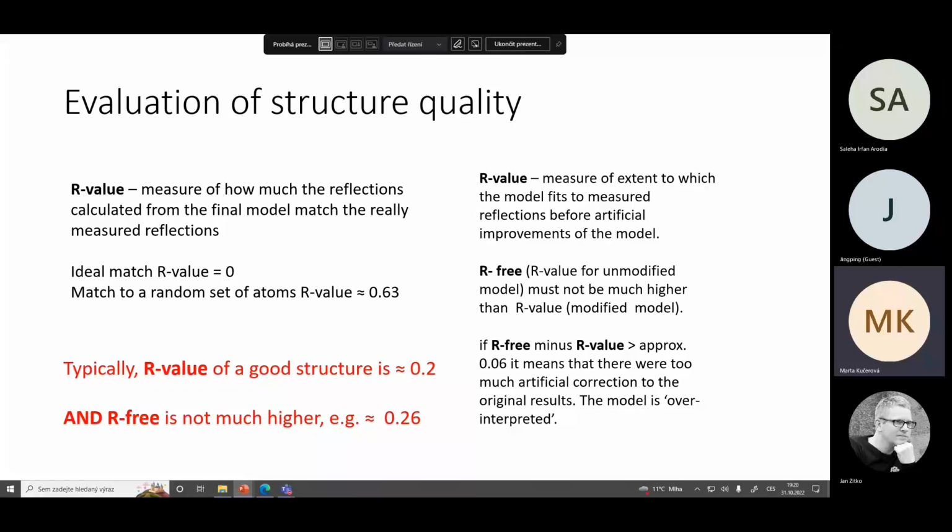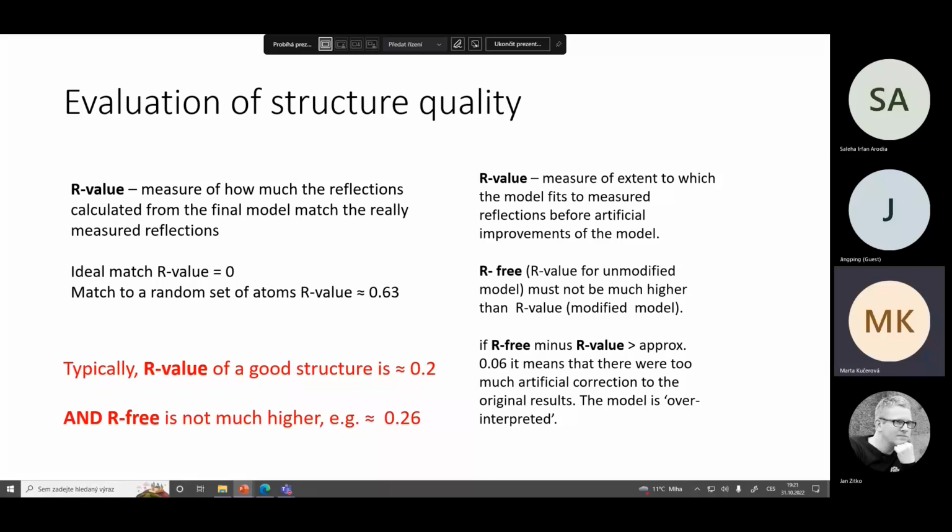Okay, so I would like to explain now the R values, which is not so easy, but I will try. The X-ray expert measures the diffraction pattern, then elaborates it using a software, and based on the atomic structure they create from the diffraction pattern, they calculate back a diffraction pattern for the model, for the atomic structure they created.